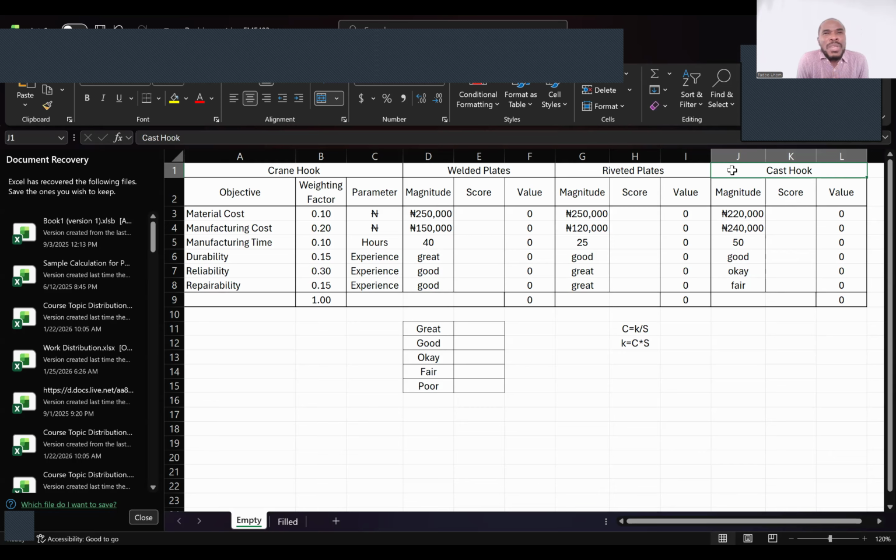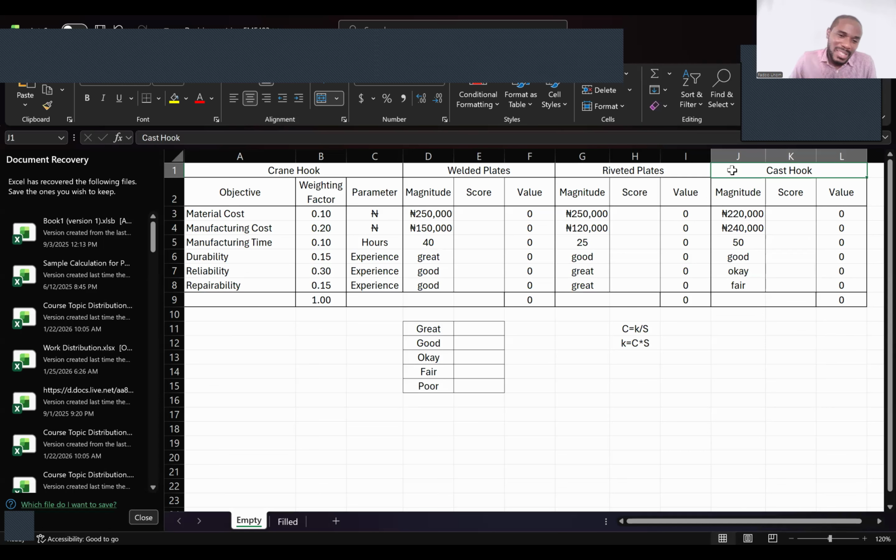Reliability is about performing in the same way again and again. Something can be reliable but not durable. Say you want the crane to lift 1 ton, 1,000 kilograms of cement, and every time you use that crane, it will always lift that 1,000 kilograms in the same way, at the same velocity and all of that.